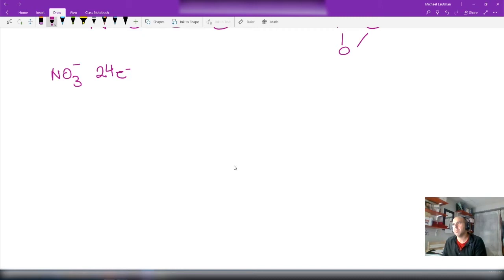So we've decided here that the central atom is going to be nitrogen, and it's going to be surrounded by oxygen atoms.